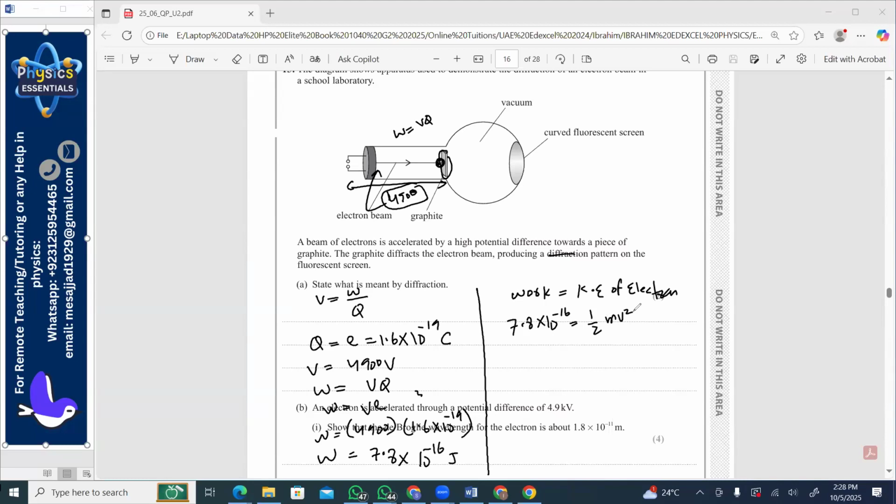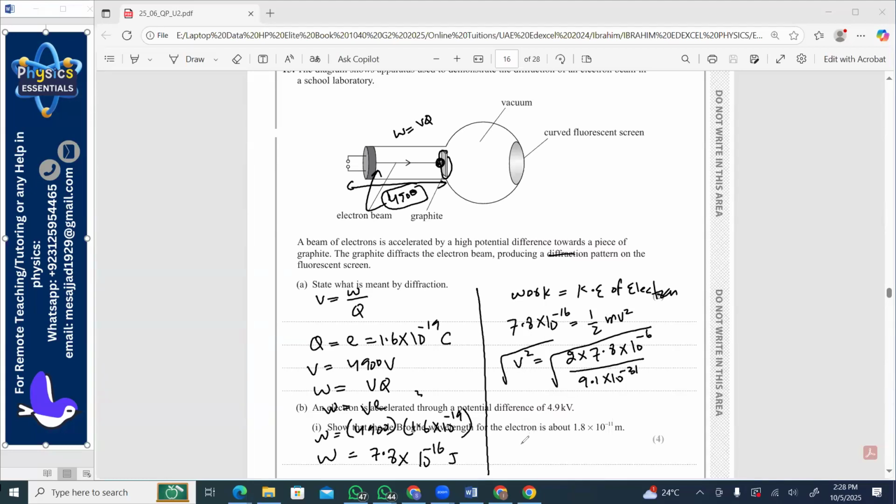Okay. And we need to find out the de Broglie wavelength. From here, the velocity will be the square root of 2 times 7.8 times 10 raised to the power minus 16 divided by the mass of the electron, 9.1 times 10 raised to the power minus 31.